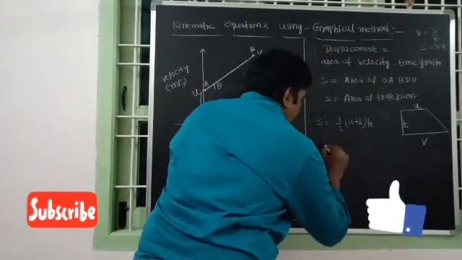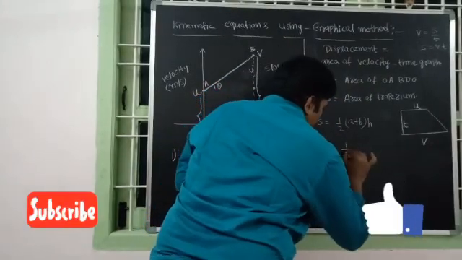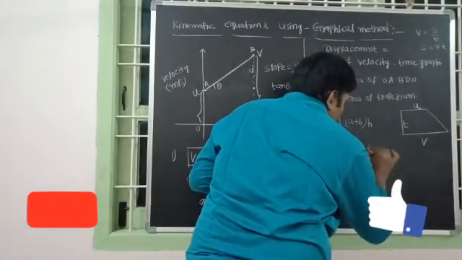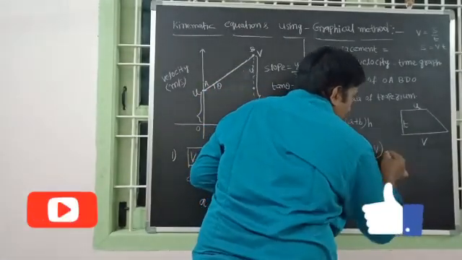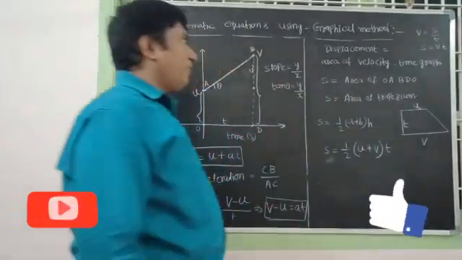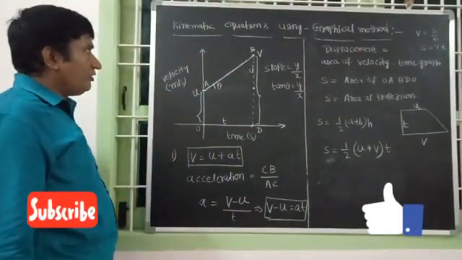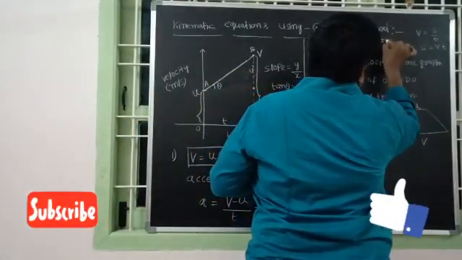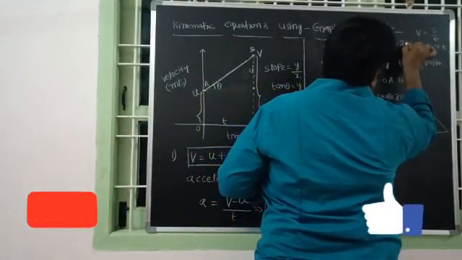So S is equal to half into u plus v into height. But what you have to prove is the third equation, v square minus u square is equal to 2as.